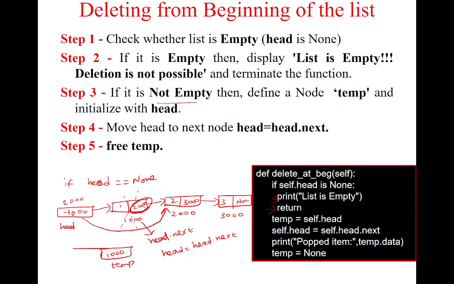What is head dot next? 2000. So head will be getting 2000. That's it. Then we are saying the popped item is 1000 dot data. 1000 dot data is nothing but this one. It will be printed. Very simple one. Then we are giving temp equal to none, so that this address also we are removing.